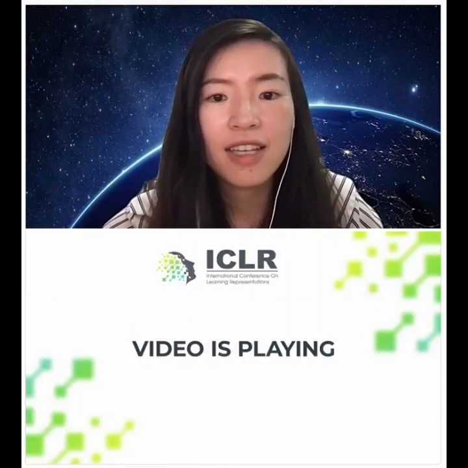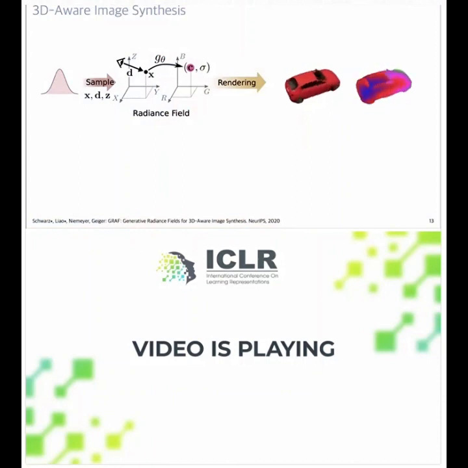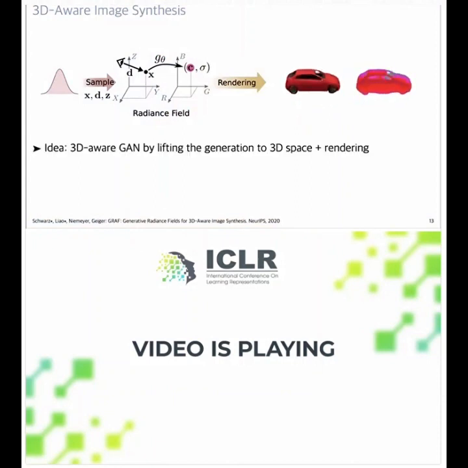This is an early work we did in 2020 named GRAF. The idea is that we want to build a 3D-aware GAN by lifting the generation to 3D space. Basically, this is done by replacing the normal 2D generator with a conditional radiance field in the normal GAN. Combined with differentiable volume rendering, we are able to render a 2D image.